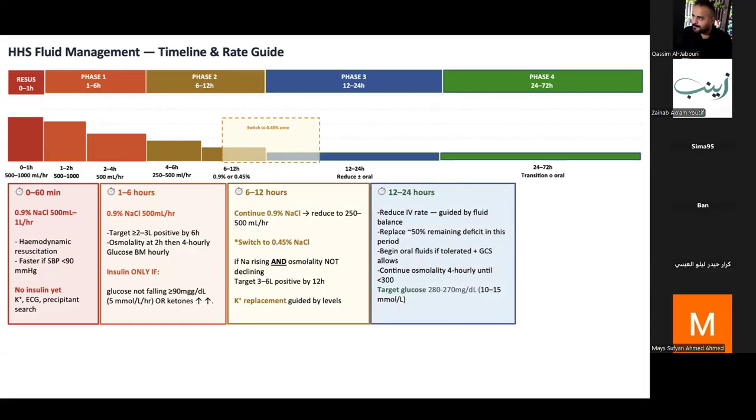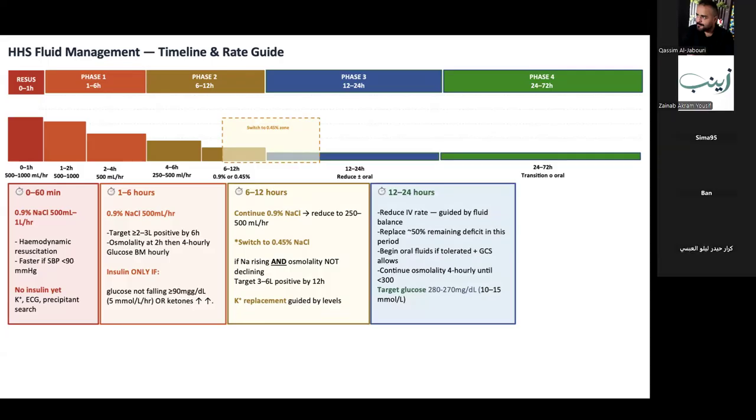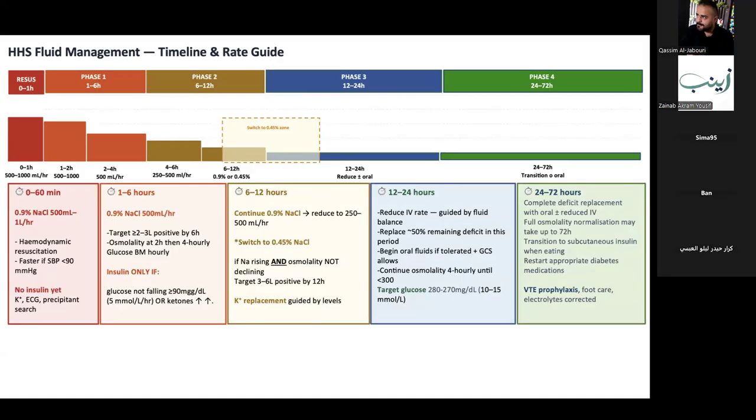Following that, we continue with the fluid replacement, we continue with the monitoring, we continue with the regular sugar check, fluid balance, osmolality, and then while we are doing that, we continue to manage the precipitating events, and then we prevent the complications we talked about earlier in terms of foot ulcers, VTE, and correct any electrolytes. So this is just the main outline of how to manage HHS.